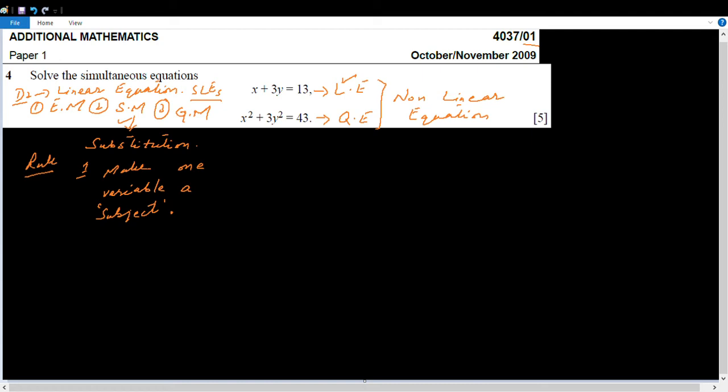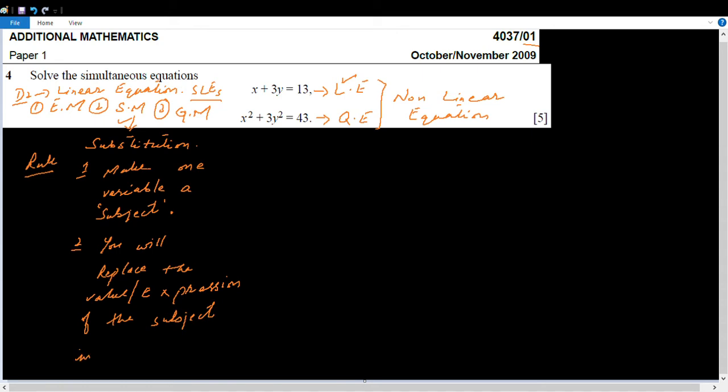And second thing is, you will replace the value or expression of the variable which is the subject in the second equation.